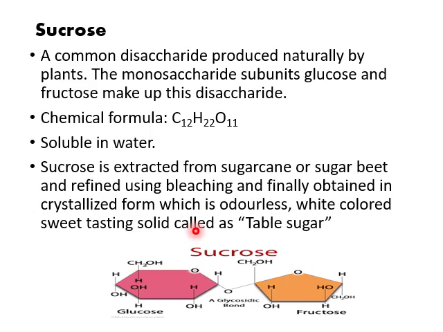It is used for preparation of several dishes and many other food products. Chemically, it is soluble in water, and the chemical formula for this molecule is C12H22O11. So it has 12 carbon atoms, 22 hydrogen atoms, and 11 oxygen atoms.